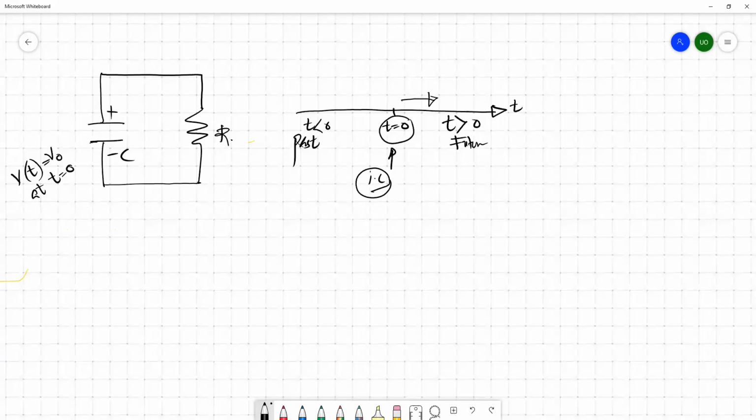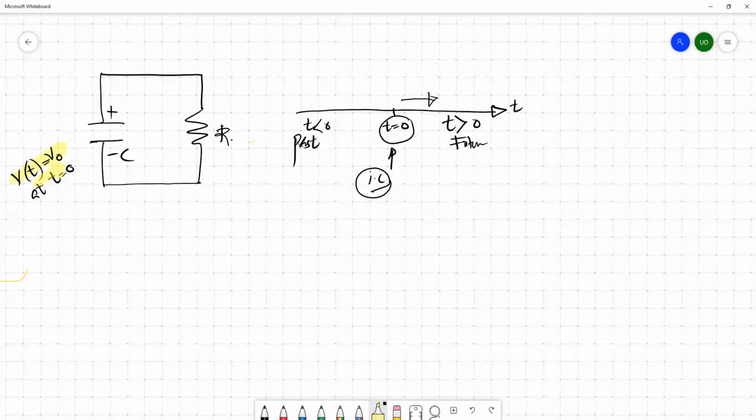Okay. So now we don't know from which source this capacitor charged up to V naught, and how long it took the capacitor to charge up to V naught. We don't know anything. But the only information we know at t equals 0, at the point where we start to analyze the circuit, is that the capacitor is charged up to V naught.